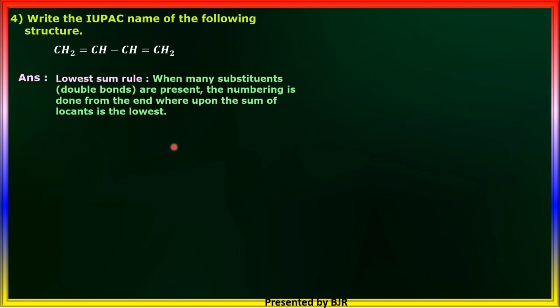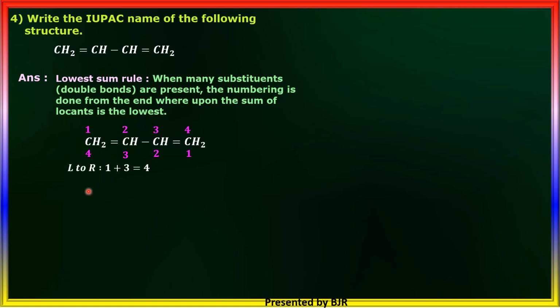Okay, so here CH2, CH, CH, CH2, and we can give the numbering either from left to right or from right to left. Let us see here, I am giving numbering from left to right. In this, two double bonds are there, and then right to left. We have to follow the lowest sum rule. That means we have to add up the locants, the numbers of the carbon atoms containing the double bonds.